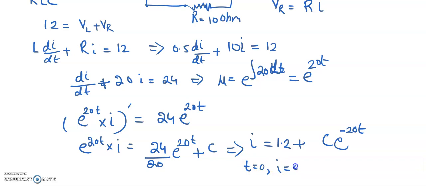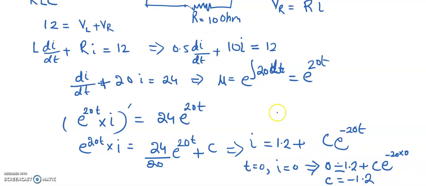If we apply this condition, I is equal to 0 at t equals 0, so 0 equals 1.2 plus c times e power 20 times 0, which is e power 0, which is 1. So the value of c will be equal to minus 1.2.